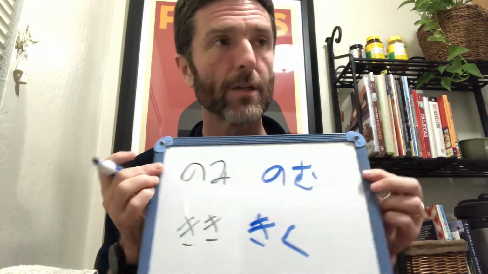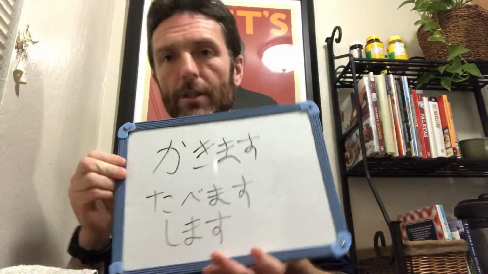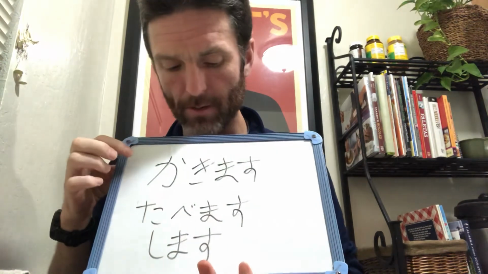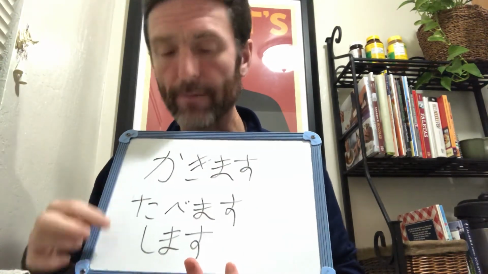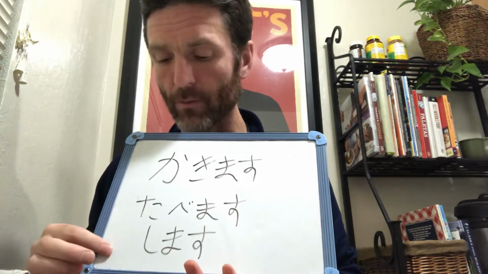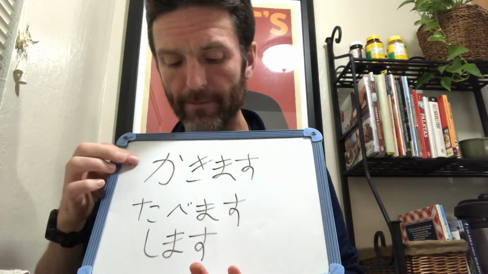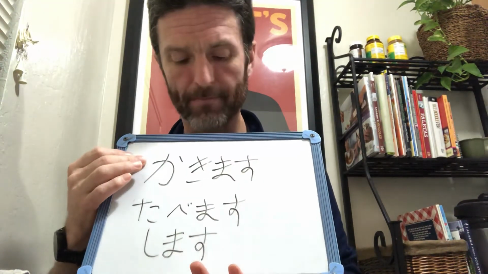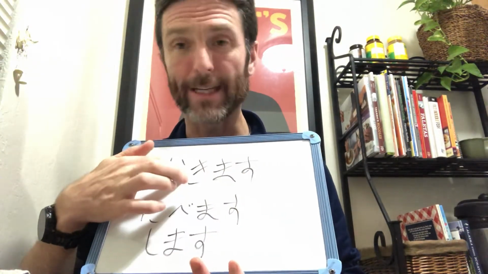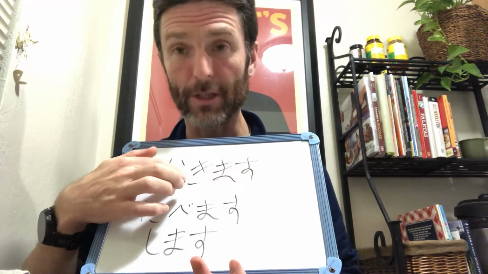Okay. So I'm going to go back to my first slide and just double check and see where we are. All right. So we've talked about how there are 3 different types of verbs. There are u verbs, ru verbs, and irregular verbs. For the u verbs, the last ones that we talked about, we're going to get rid of the mas, and we're going to take this E sound and put it into the U column.